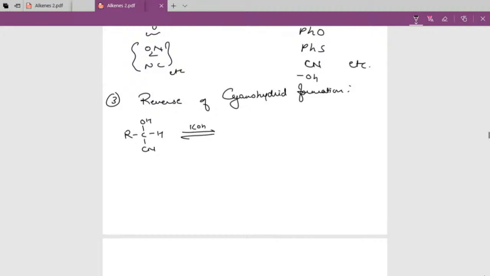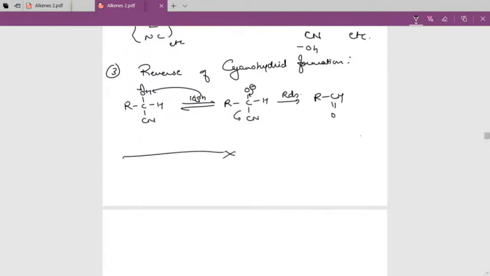When we introduce OH minus, first the conjugate base O minus is formed, and then it loses this. Okay, aldehyde is formed like this. So this is also E1cB. This is the RDS.